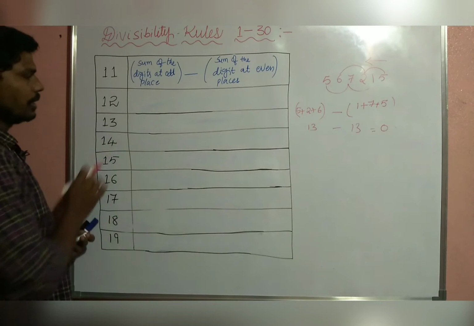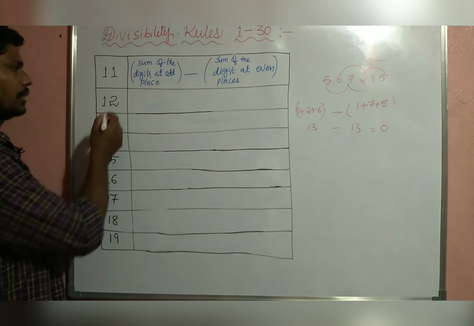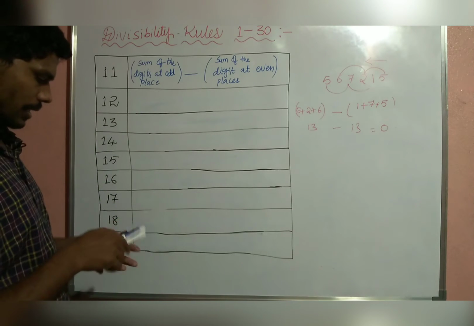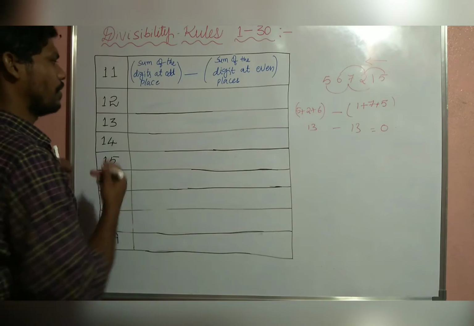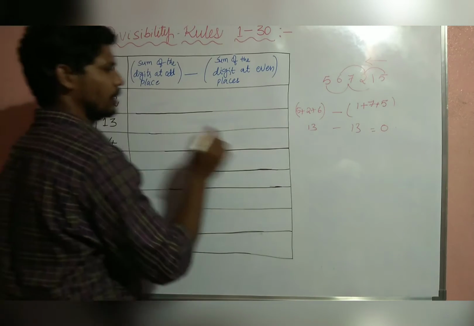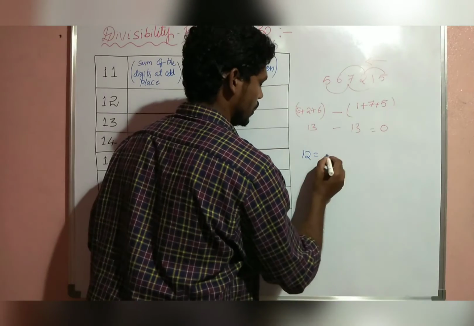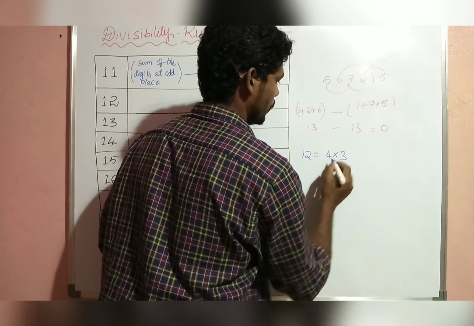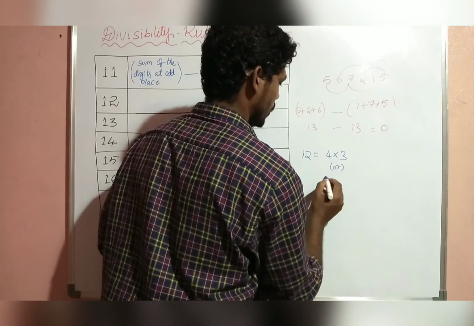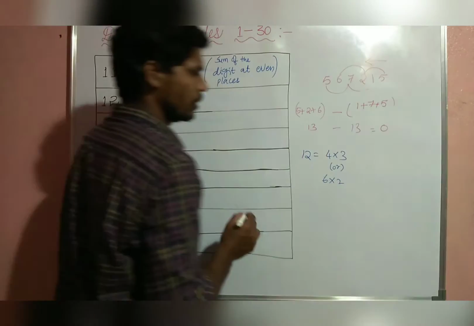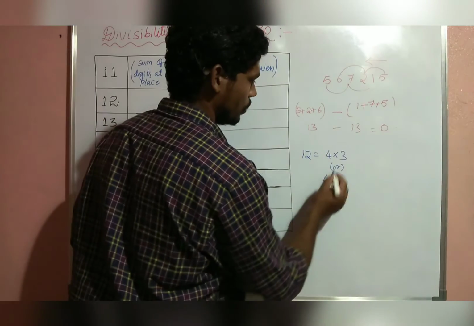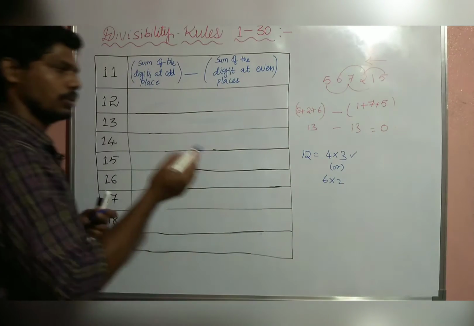Now come to the divisibility rule of 12. That is simple. The factors of 12: 12 can be written as 4 into 3 or else 6 into 2, otherwise I can choose 4 into 3.